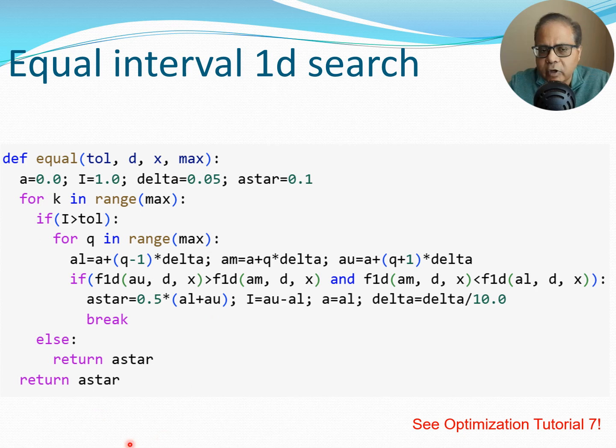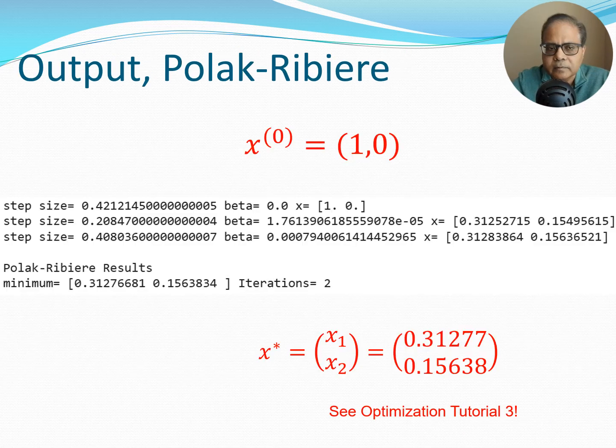Now I keep doing all this till I converge, which will happen when i becomes less than tolerance. Remember, I have given a pretty low tolerance of 0.0001. So once I have that tolerance, I get out of this particular function and I return a star, which is the alpha value at the optimal point, the best possible step size.